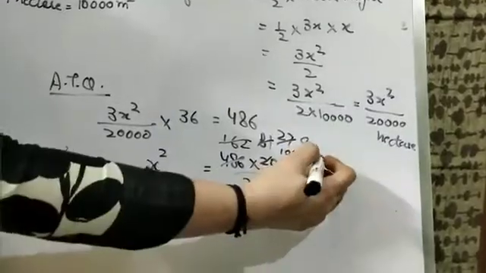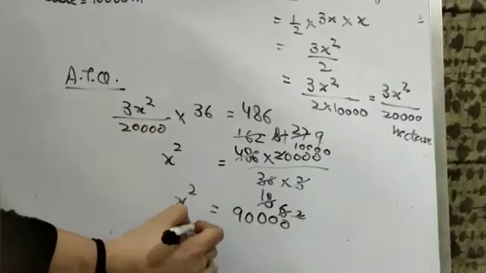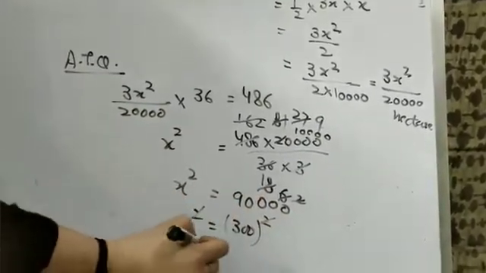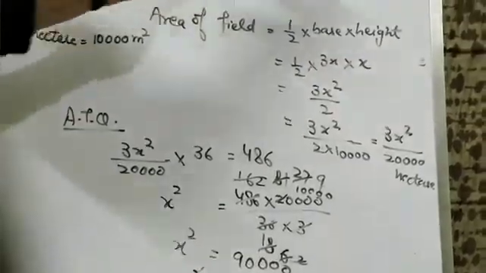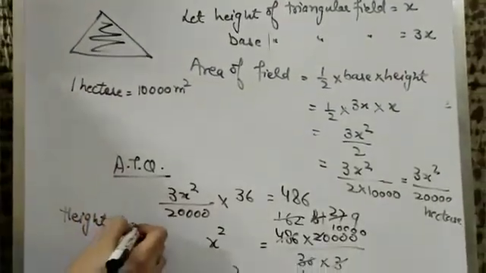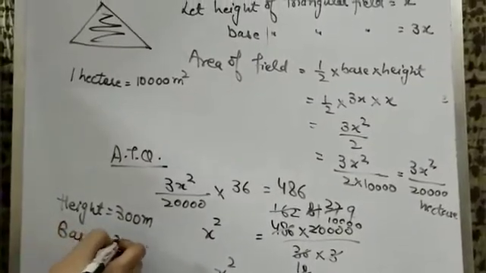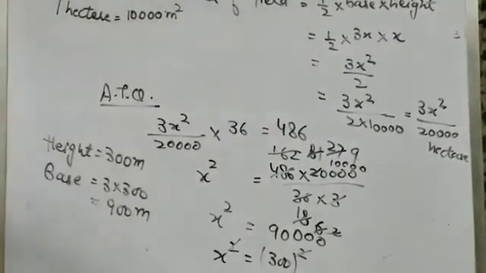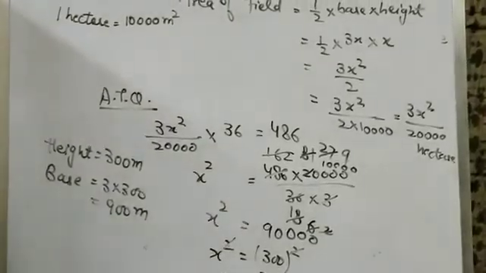After cancelling, we get x square is equal to 90,000. 90,000 is the square of 300. So square and square get cancelled, and the value of x is 300. Now x is what? The height we have found. The height is equal to 300 meter, and the base is 3x, 3 into 300, that is 900 meter. So we have found the base and the height of this triangular field.